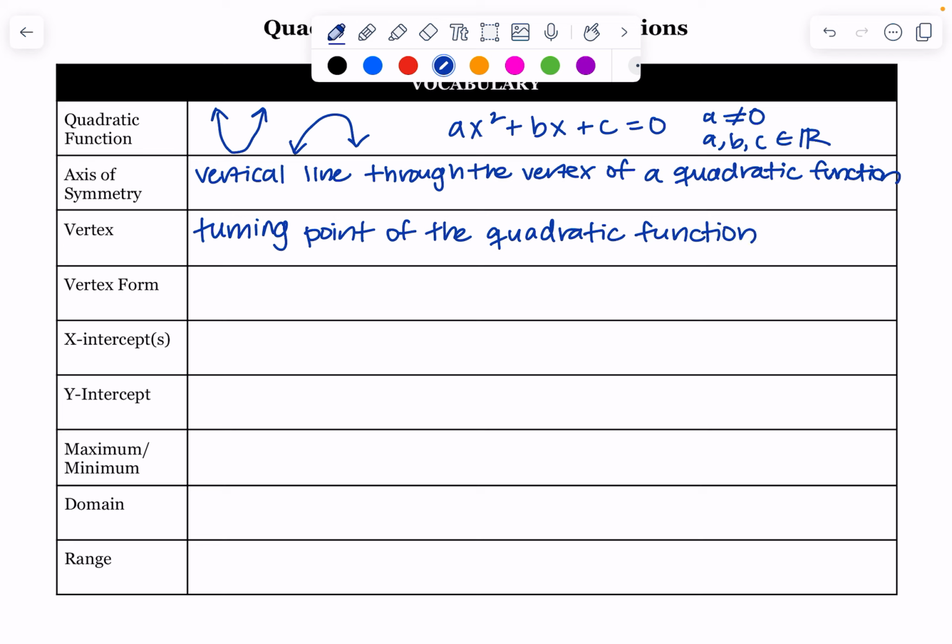Vertex form is going to be a times x minus h squared plus k, where (h, k) is the vertex.